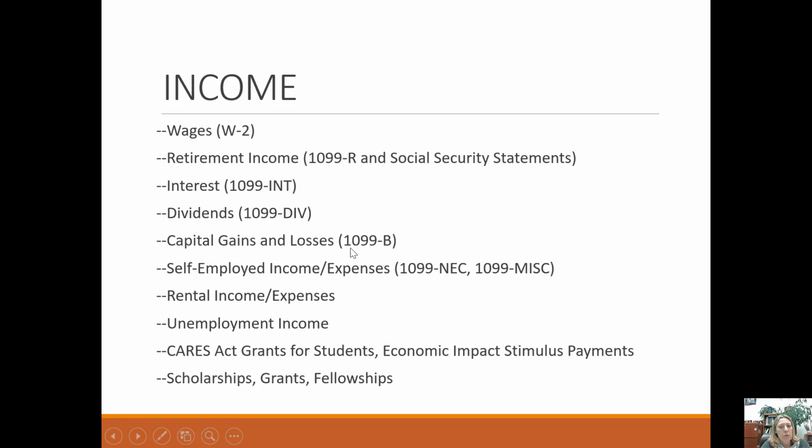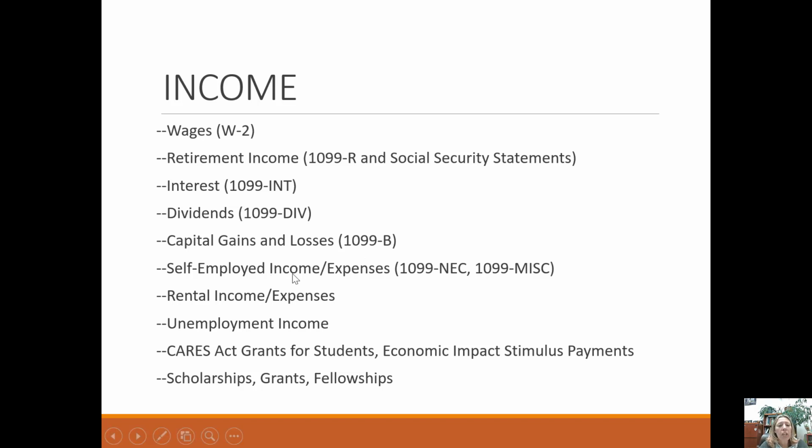Capital gains and losses are reported on 1099-Bs, typically. If it has to do with a mutual fund or something like that, then you're going to get a 1099-B. Sometimes we have capital gains and losses that we don't have to worry about. Capital gains and losses just means that you've sold a capital asset for either a gain or a loss. So the proceeds exceeded its basis.